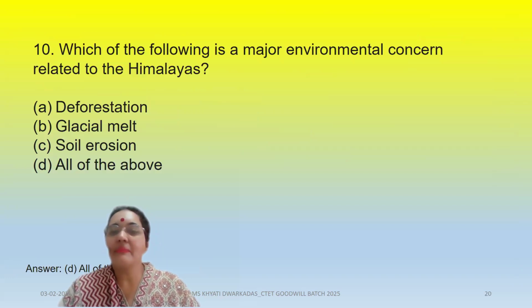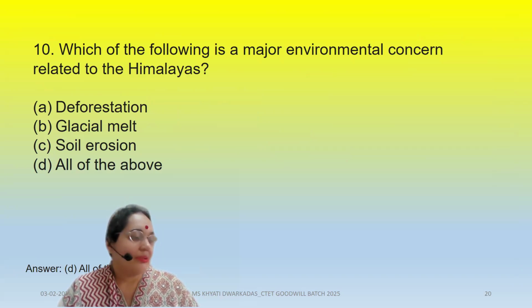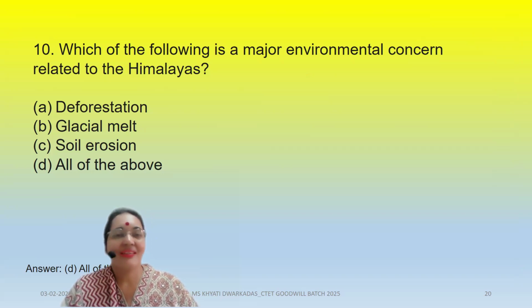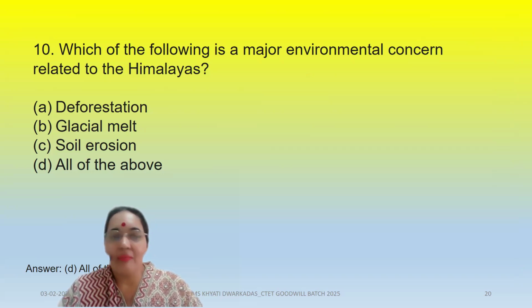Which of the following is a major environmental concern, Paryavaran, related to the Himalayas? Deforestation, glacial melt, soil erosion, or all of the above? Surya ma'am, congratulations. The correct answer is D, all of the above.